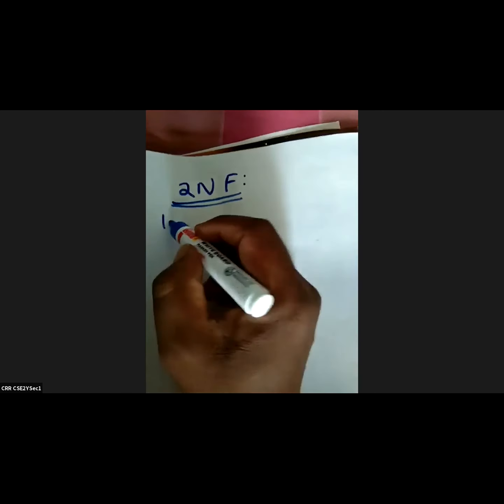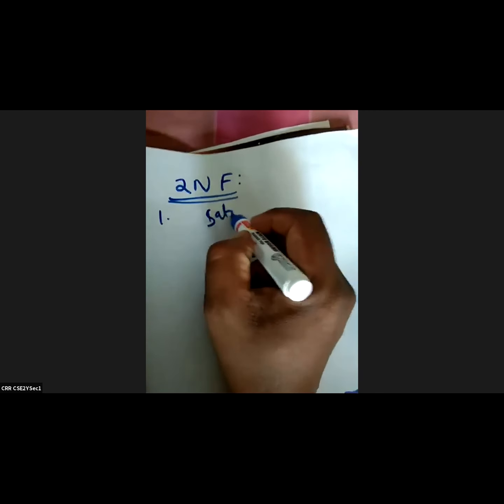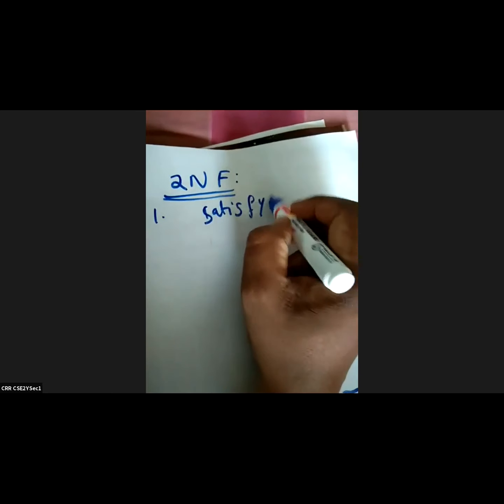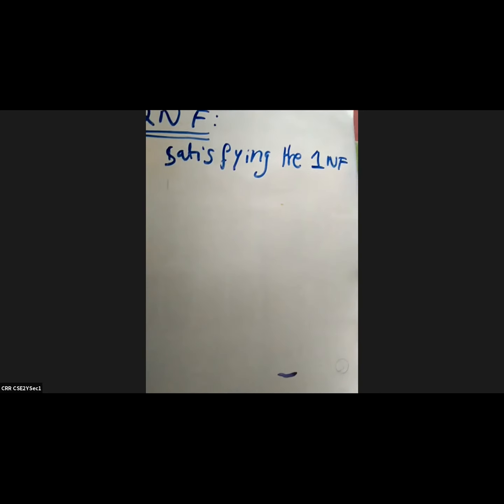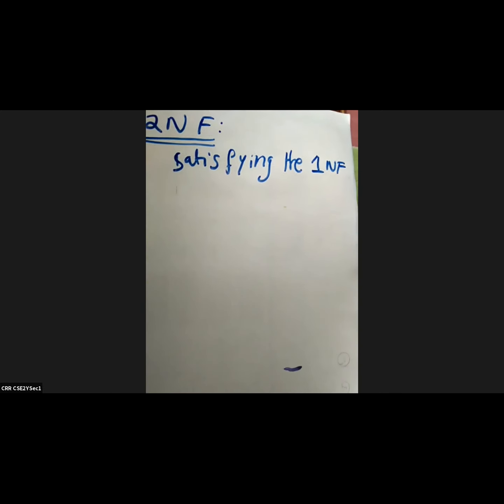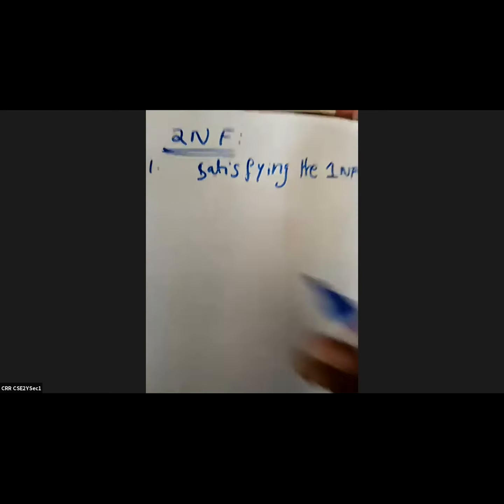So what is the first rule? It should satisfy the rules of 1NF. What are the rules of 1NF? Nothing but we are not accepting multiple values for a single attribute. So that is already satisfied.